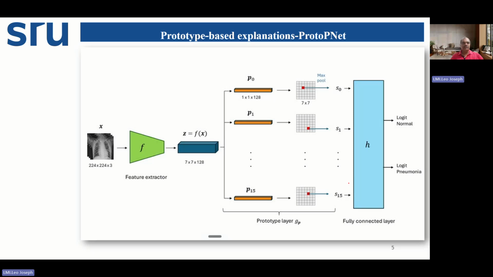So this is the detailed architecture of the ProtoNet. First, we take one chest image for reference, and here we extract the features, in 7 cross 7 cross 128 layers. Here, each and everything is categorized into different prototypes, P02, P15, like that. Then the particular patch is mapped to a particular array.